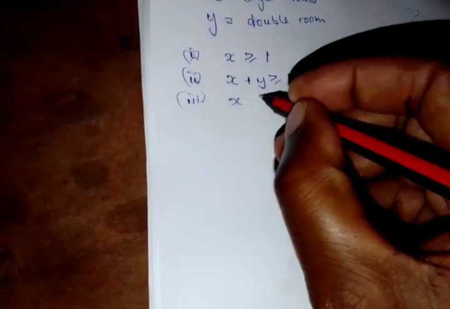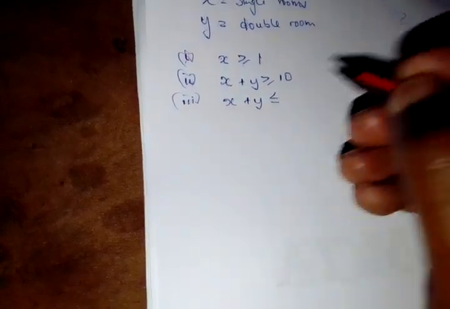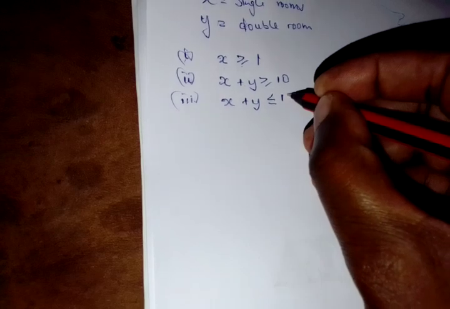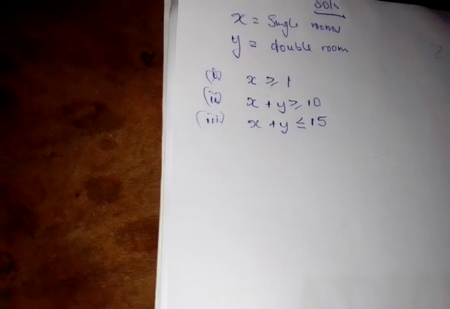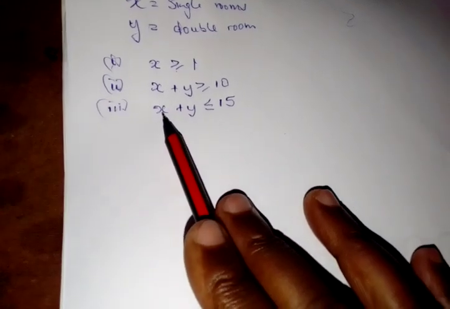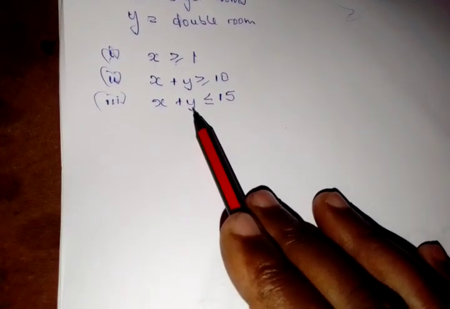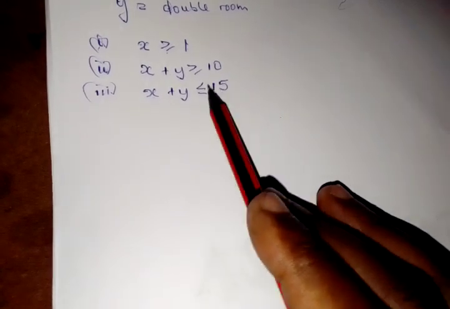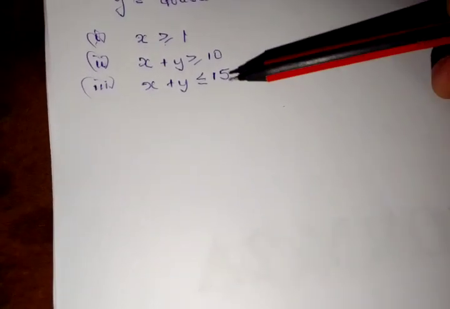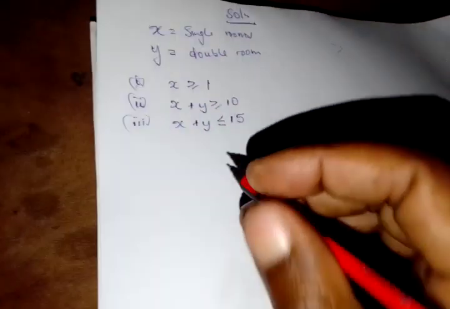X plus Y should not exceed what? 15. So meaning, if you add the number of single rooms and the number of double rooms, what you get should not exceed 15. It should be just equal or less. Yeah, equal or less. We go to the fourth inequality.